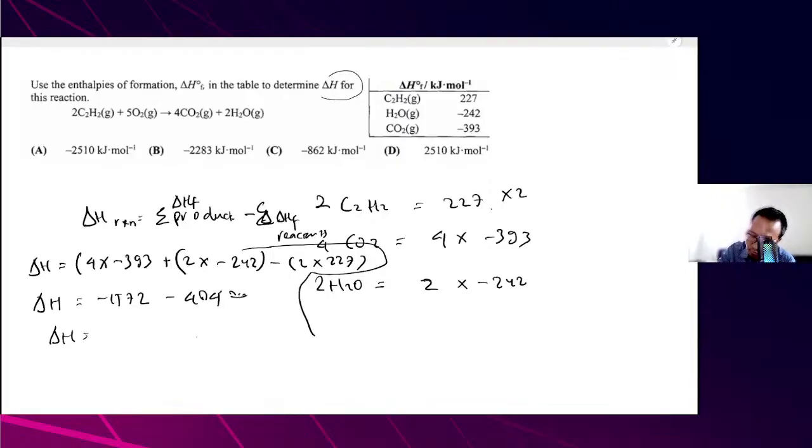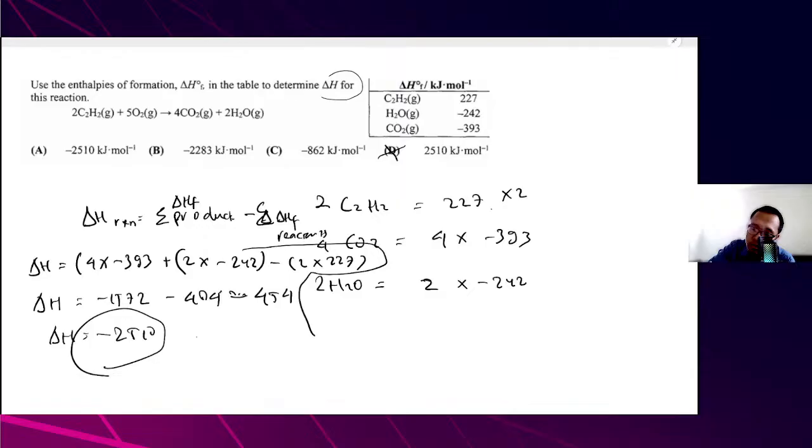Oh god. So the answer will be minus 2510 after subtracting 2 times 227, minus 454. So the answer will be this one, minus 2510. So the answer will be D.